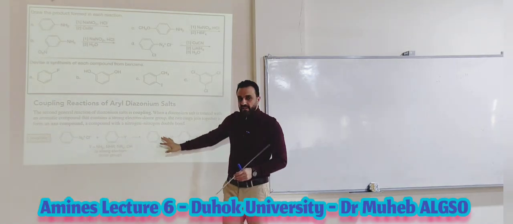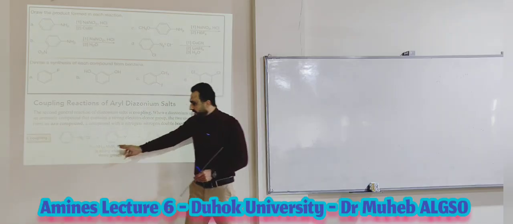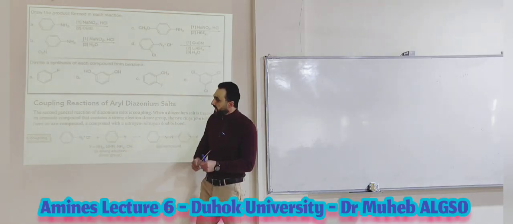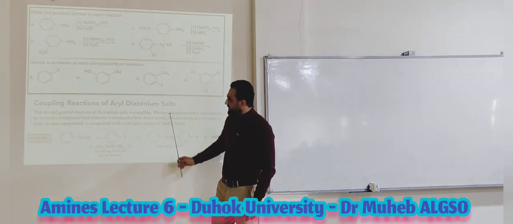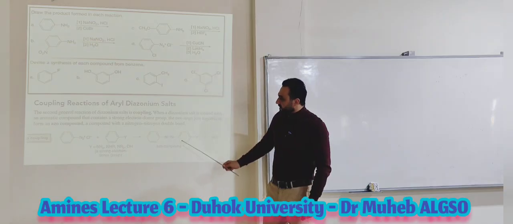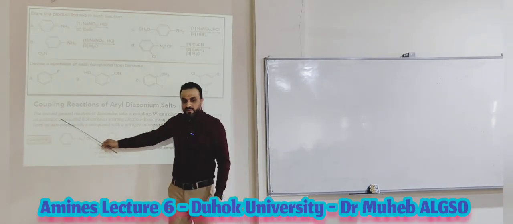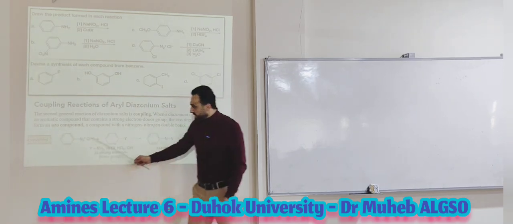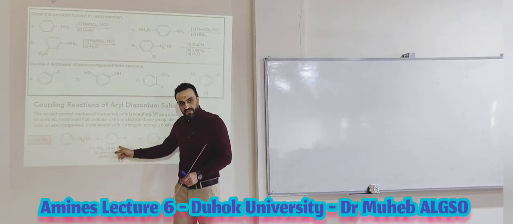So the coupling is between two parts, between the diazonium salt and aryl. Okay, why did we say aryl here? Where is it? We said in the second, the diazonium salt is treated with what? With aromatic, yes, with an aryl compound. Why did we say aryl? Because the mechanism here is electrophilic aromatic substitution.